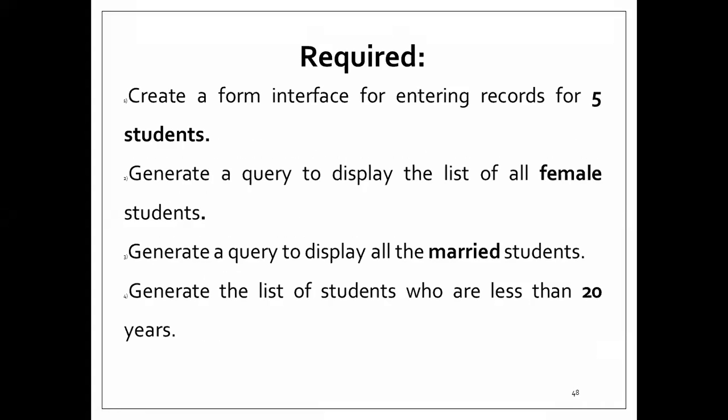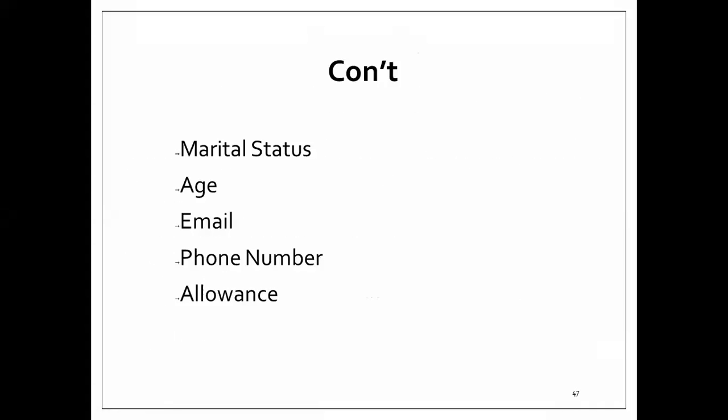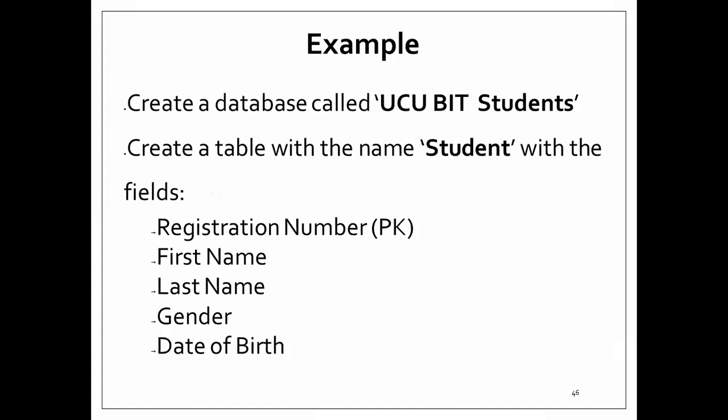And then we have fields such as marital status, age, email, phone number, and allowance. So how many fields are these? Those are 5, 6, 7, 8, 9, 10. Those are 10 fields.